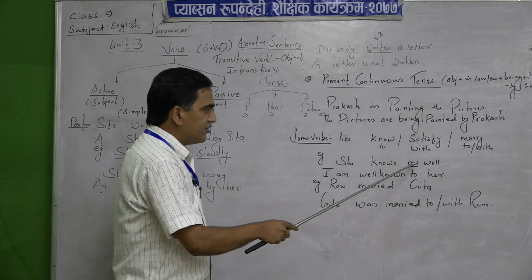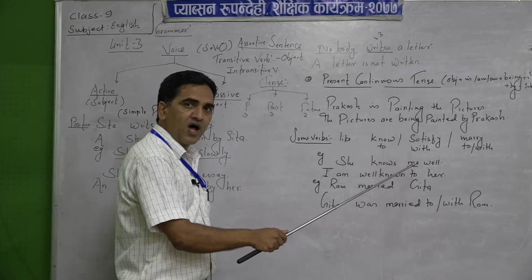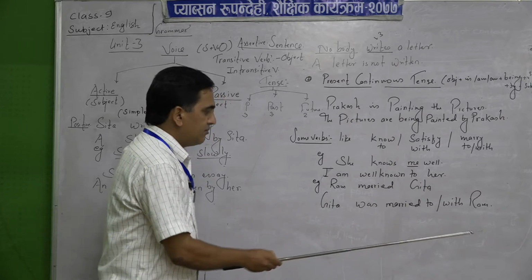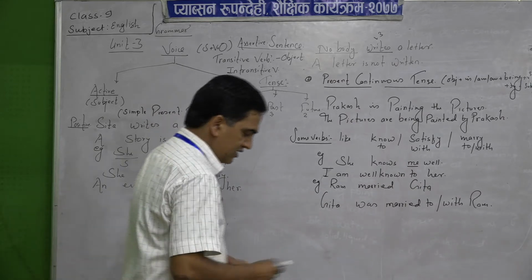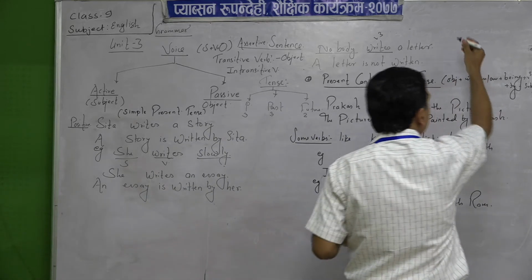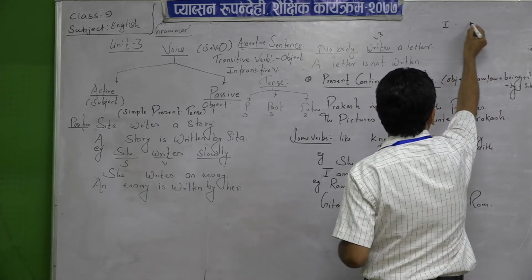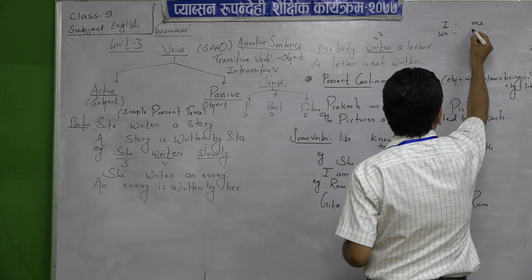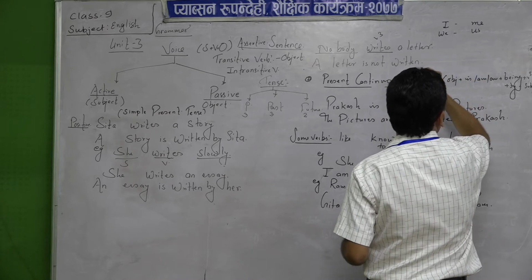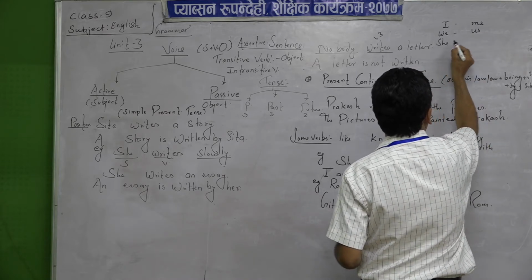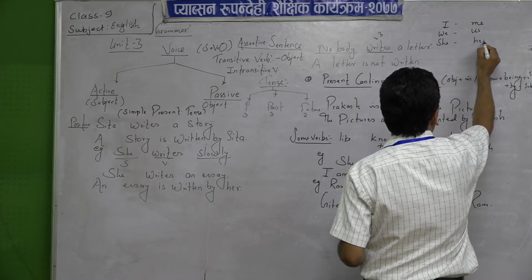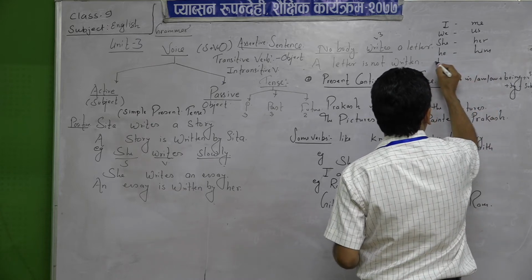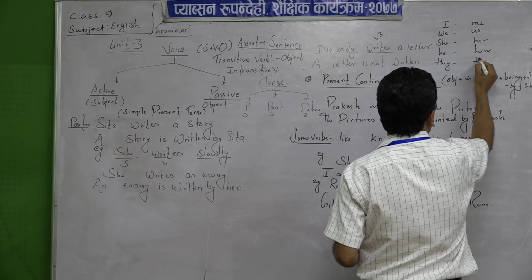Now this me should be changed into I, a pronoun: I am well known to her. She should be changed into her. My dear students, while changing pronouns we must change like this: I should be changed into me, we into us, she into her, he into him, they into them.